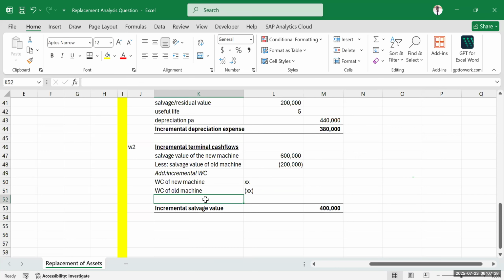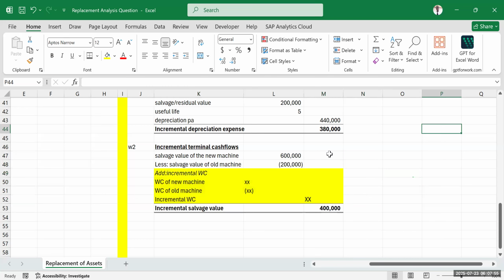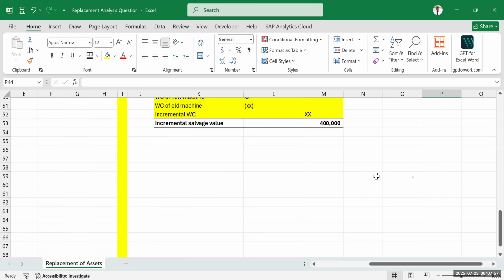So this will give us incremental working capital. It is that incremental working capital that you will add to whatever you got up here from comparing the two salvage values. I hope this answers that bit. Let me even highlight it in yellow. I hope that treatment guides you very well.